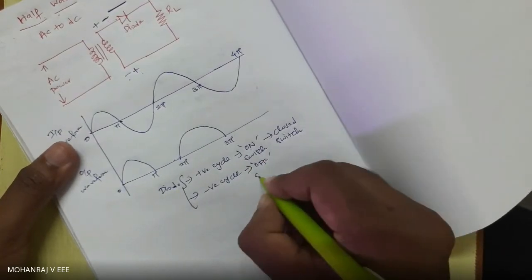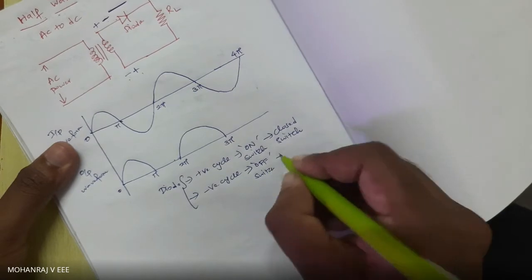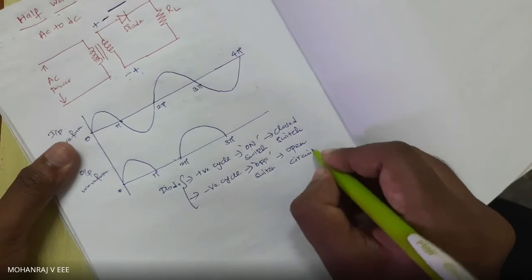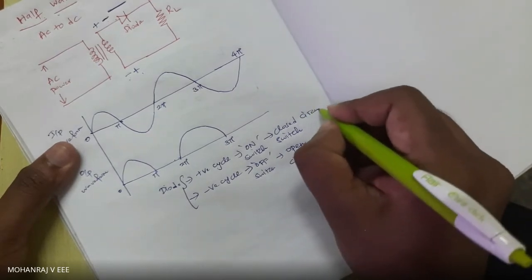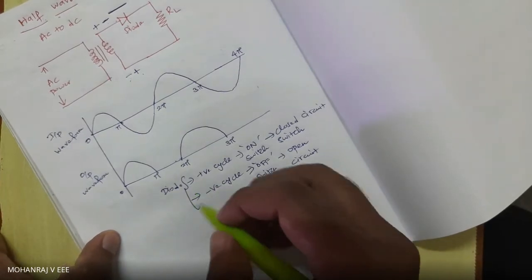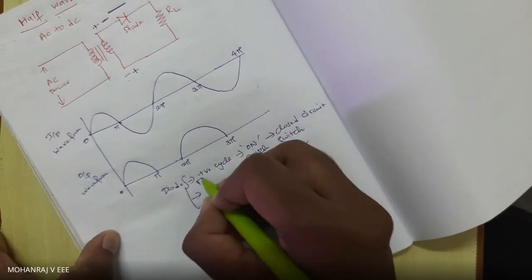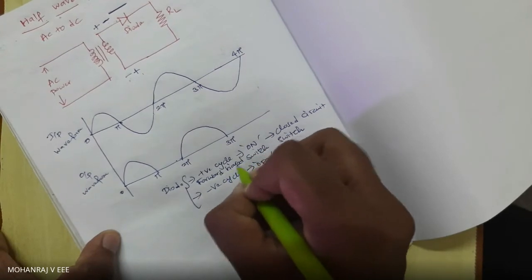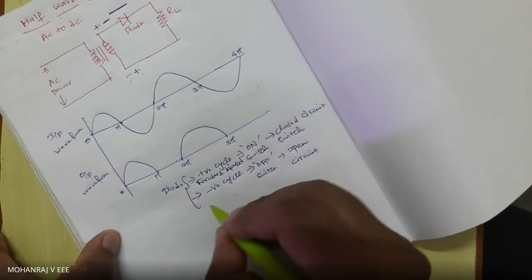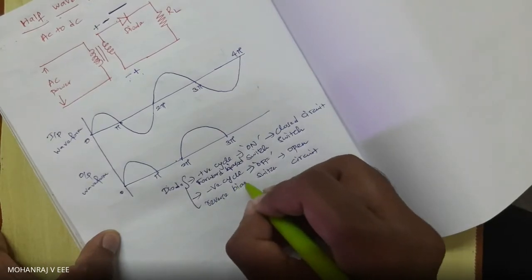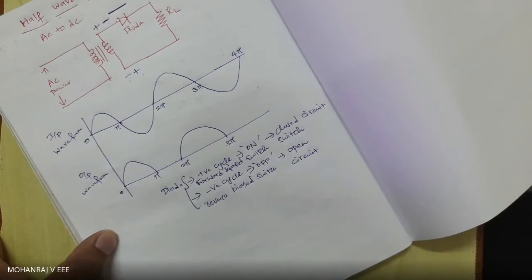The switch becomes off, or we can say it is an open circuit. So this happens because during the positive cycle, my diode is forward biased, and during the negative cycle, my diode is reverse biased. Fine.